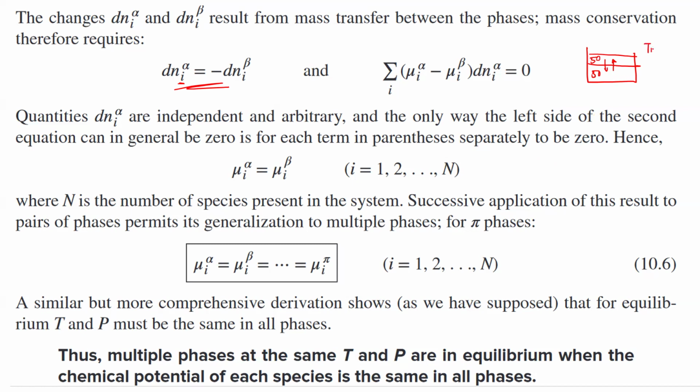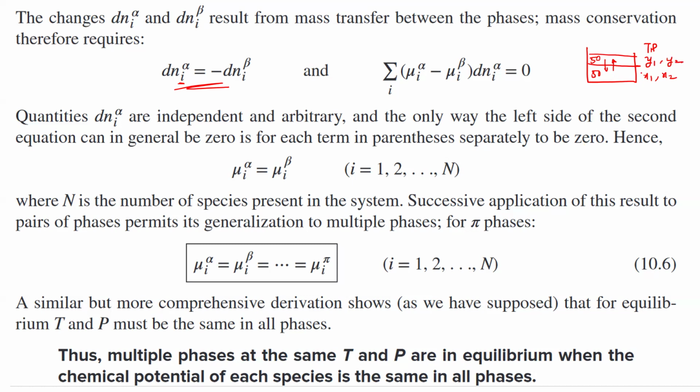So for a given temperature and pressure, if I'm talking about water and water vapor, liquid water and vapor, then at equilibrium there will be some humidity in the air, right? Similar to that, there will be some water in the air and completely water in the liquid mixture. There can be some air inside the liquid also. That's why we have x1, x2 and y1, y2.